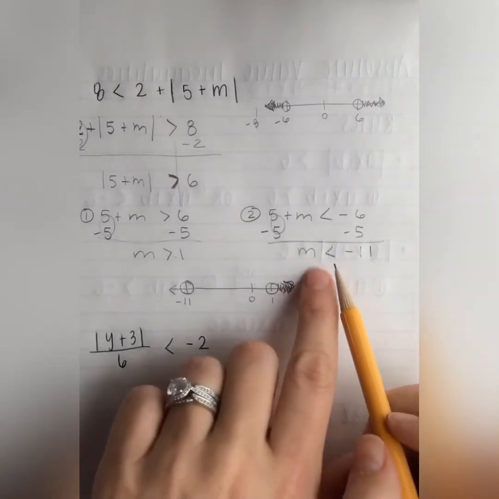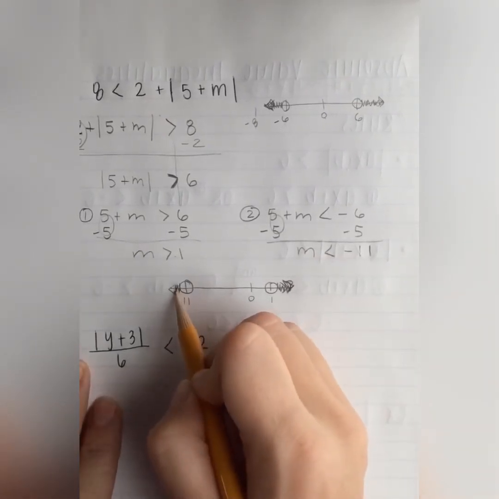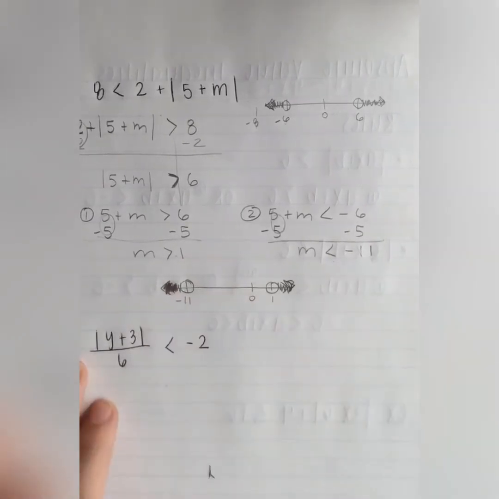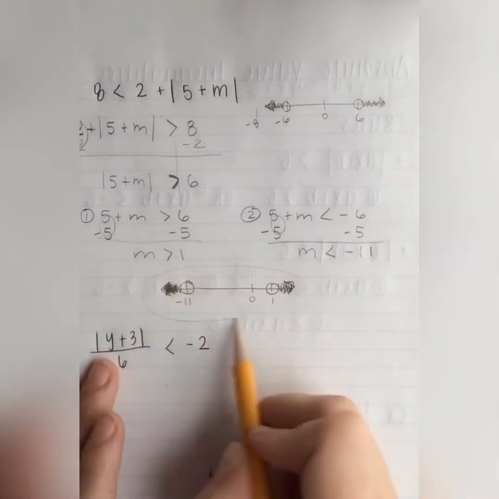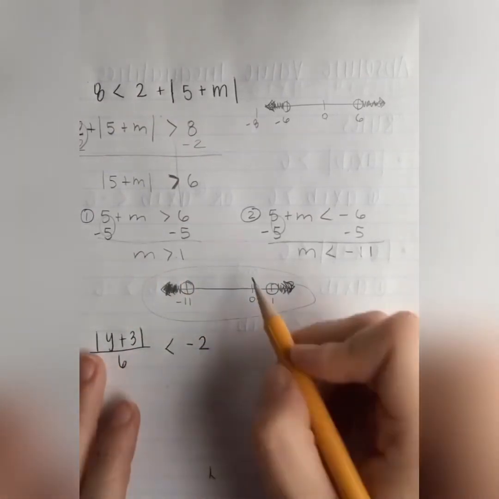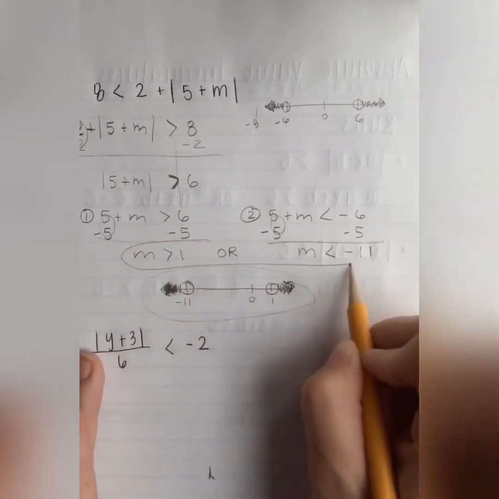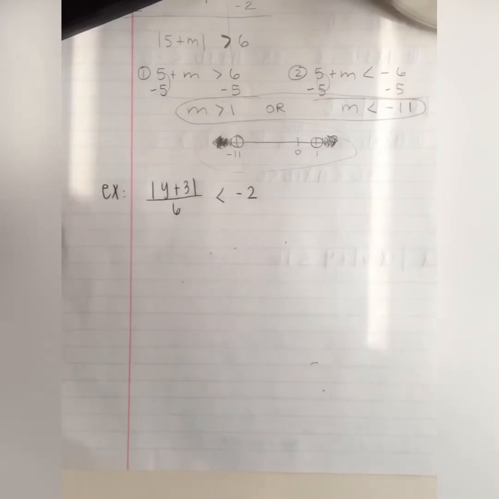And then any m that's less than -11. So I'm shading to all the smaller values that are less than -11. Okay, so this is an answer. Or since this is an or inequality, this would also be your answer.